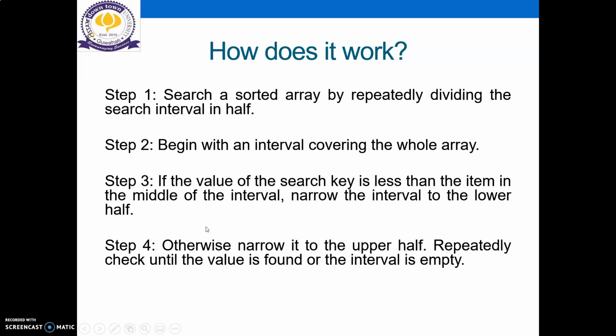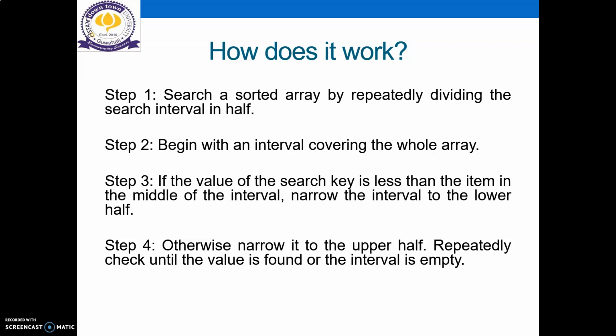Now let's see how it works. The search starts by comparing the target element with the middle element of the array. If the value matches, then the position of that element is returned. If the target element is less than the middle element, then the second half of the array, that means the numbers larger than the middle element, are simply discarded.